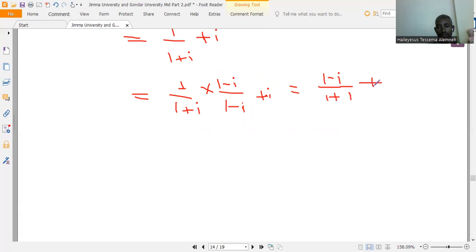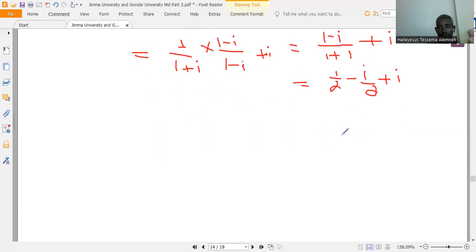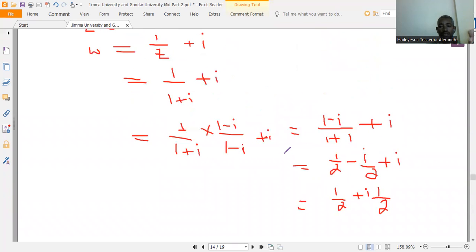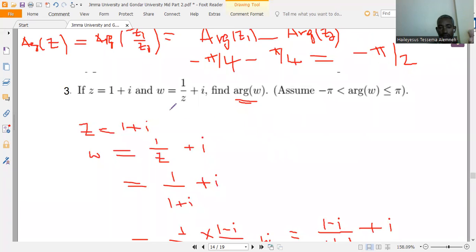Plus i, which is the same as 1 over 2 minus i over 2 plus i, which is also 1 over 2 plus i times 1 over 2. So this is w.